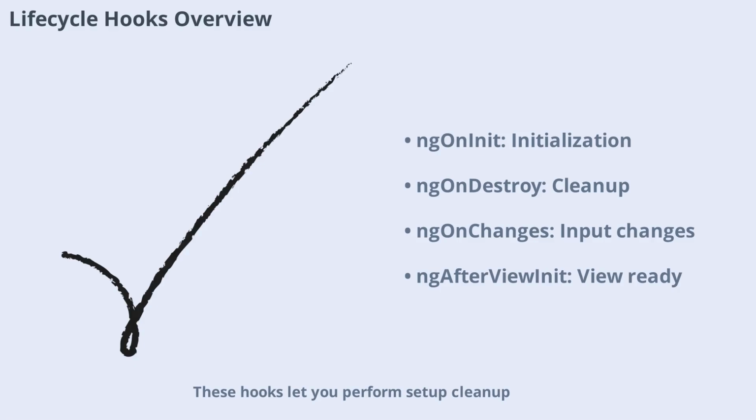These hooks let you perform setup, cleanup, and respond to changes in your components. Interviewers often ask when and why to use certain hooks, especially for resource management and initialization logic.